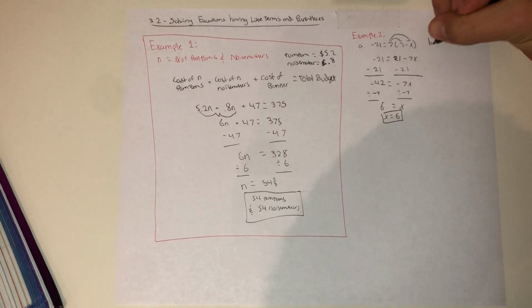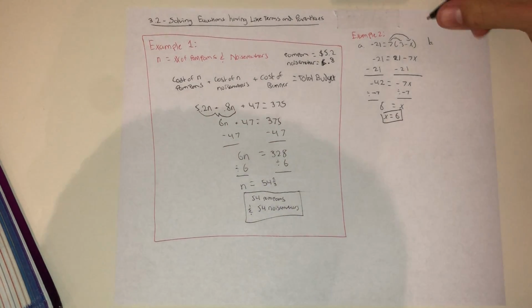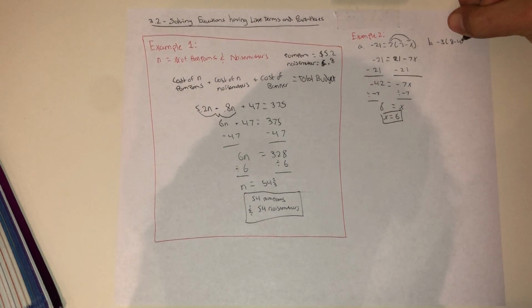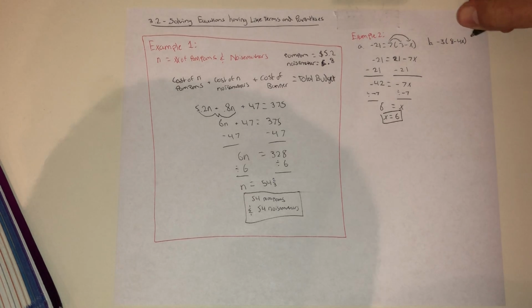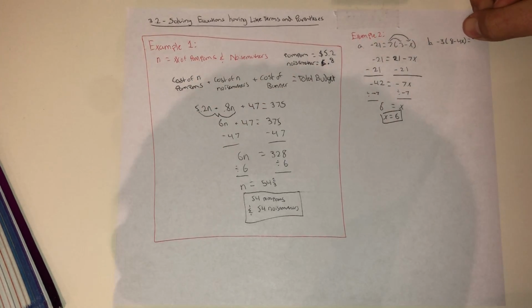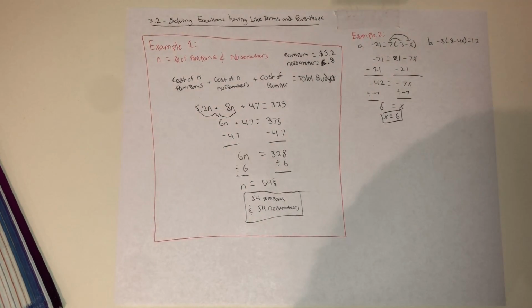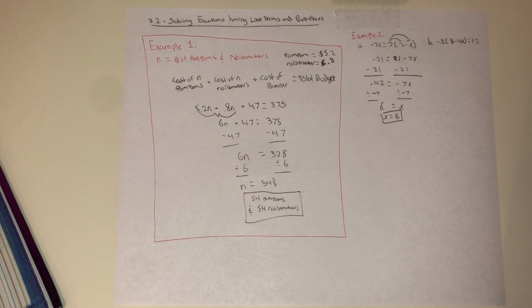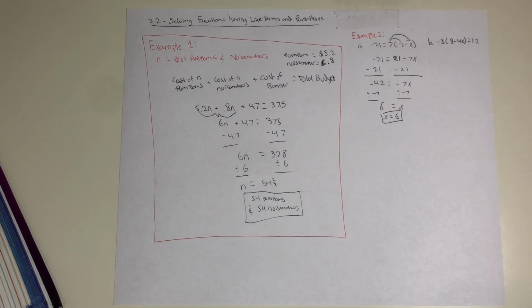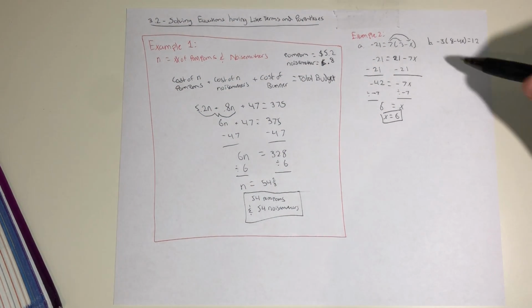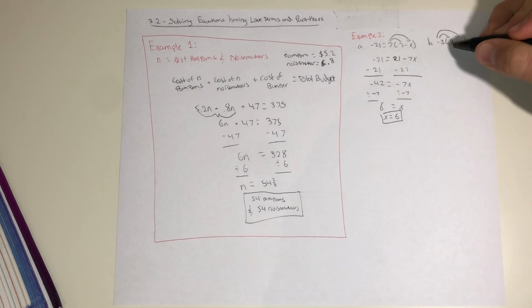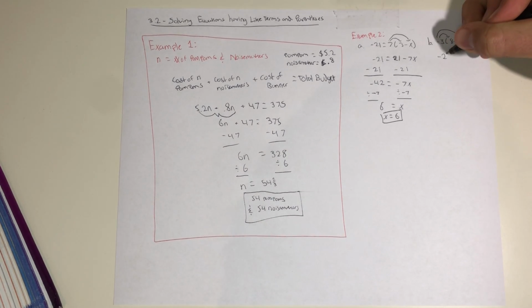That's A. And B is negative 3 times 8 minus 4x equals 12. So here, let me turn on this light so you can see better. Here we have to multiply negative 3 times 8 and then negative 3 times negative 4x. So negative 3 times 8, that's negative 24.